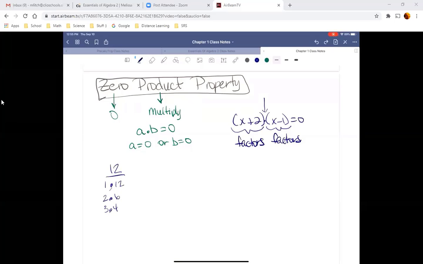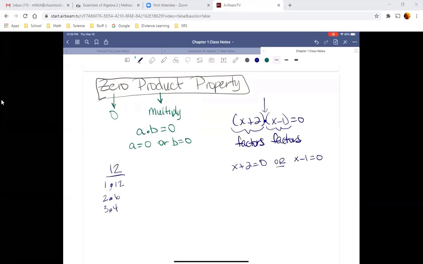Is there a little multiplication symbol in between that you just don't see? So you're multiplying those two factors together, and that property says either x plus 2 has to equal 0 or x minus 1 equals 0.